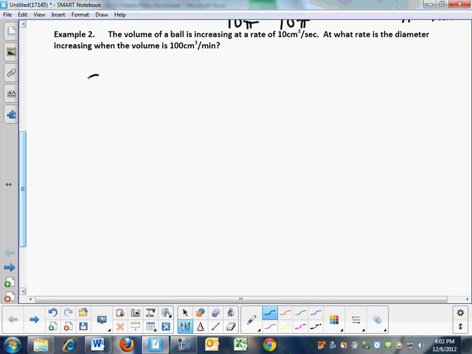So I have a ball. This is volume, so this is a sphere. It's increasing. It's wondering about the diameter. So as you look, it says at what rate is the diameter increasing?